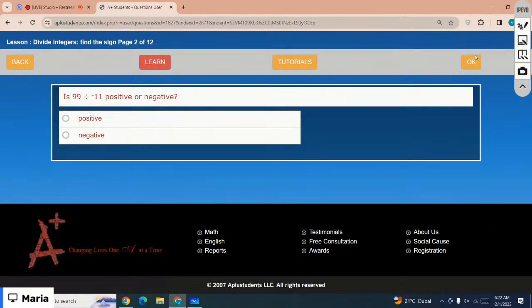Is 99 divided by negative 11 positive or negative? Yes, it is negative because one of the numbers is negative, so the answer must be negative. Very good.